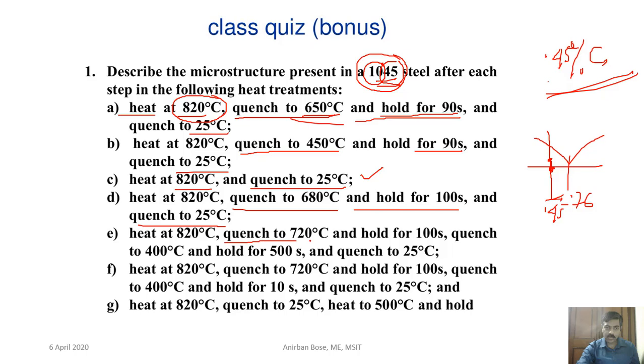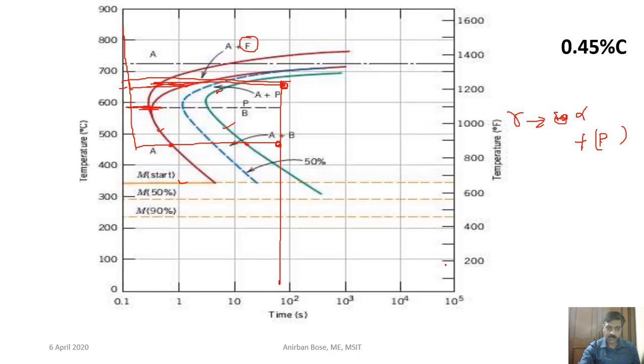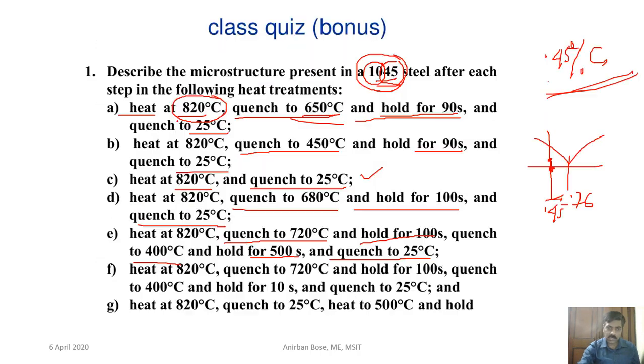Quench to 720, hold for 100 seconds, quench to 400 degrees and hold for 500 seconds and quench to 25 degrees centigrade. Sorry, quench to 720.